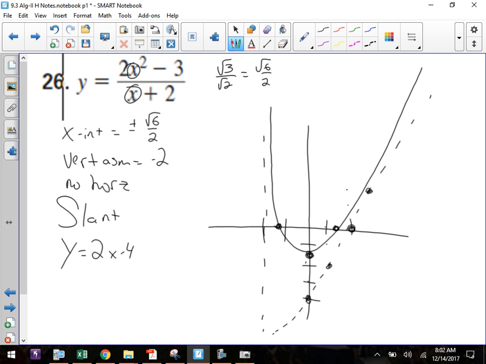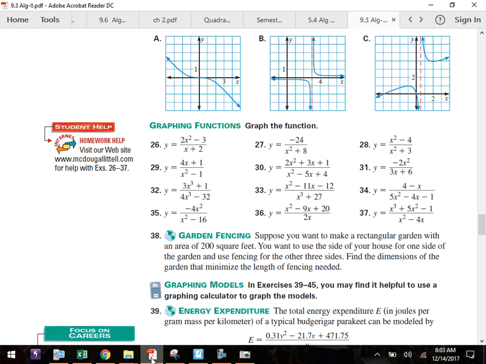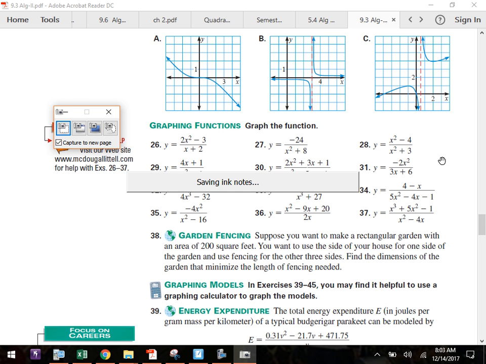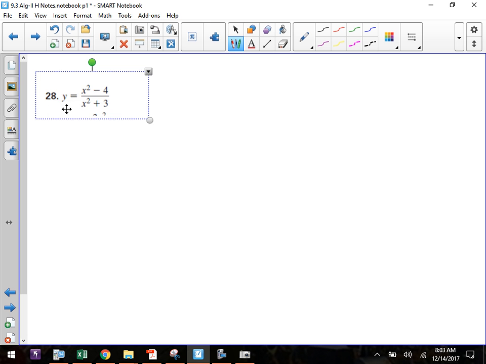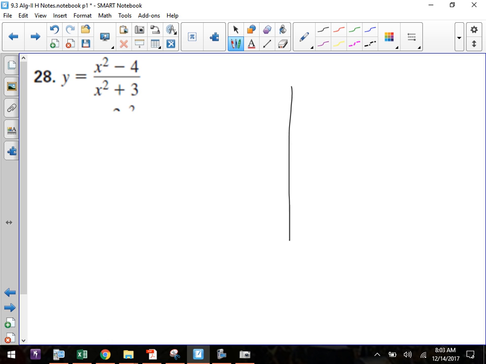Okay. 28, very, very similar. Well, actually, it's 28's easier because you don't have any vertical asymptotes. All you have to worry about here is you have no vertical asymptotes, but you have intercepts at plus or minus 2.